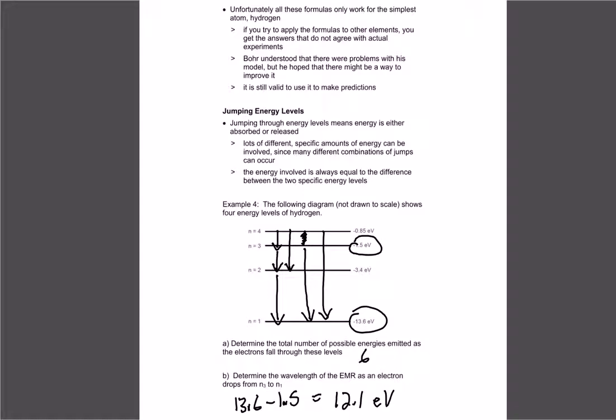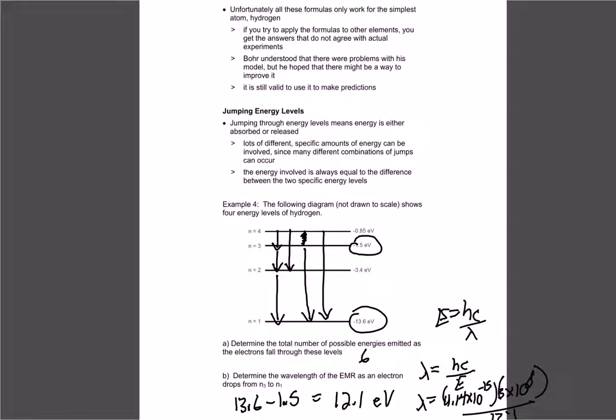So now to calculate the wavelength, we just want to go E equals hc over lambda. So if we just go hc divided by E, that should work. So for h, we want to use our electron volts value, so 4.14 times 10 to the negative 15, times it by 3 times 10 to the 8th for our speed of light, and divided by this 12.1.